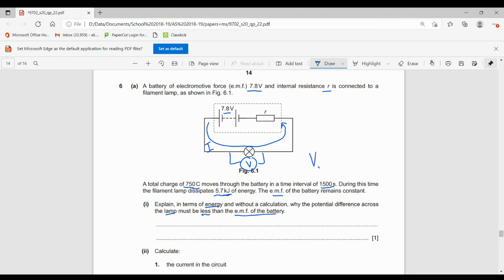And the terminal voltage available, which is the voltage available for the lamp, will always be a value less than the EMF of the main power supply, the rated EMF, like the one written on the battery.